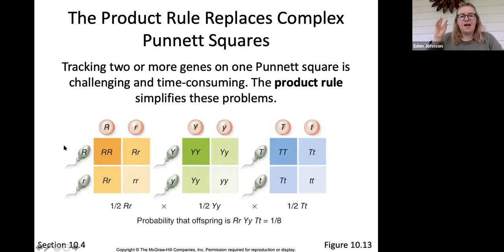If you cross a heterozygote by a heterozygote, you have a quarter big R, a quarter little r, half, 2 out of 4, half heterozygotes. So let's say that both of your parents are heterozygotes for genes R, Y, and T, and you're looking for the probability that your children, the offspring, are also going to be heterozygous for genes R, Y, and T.